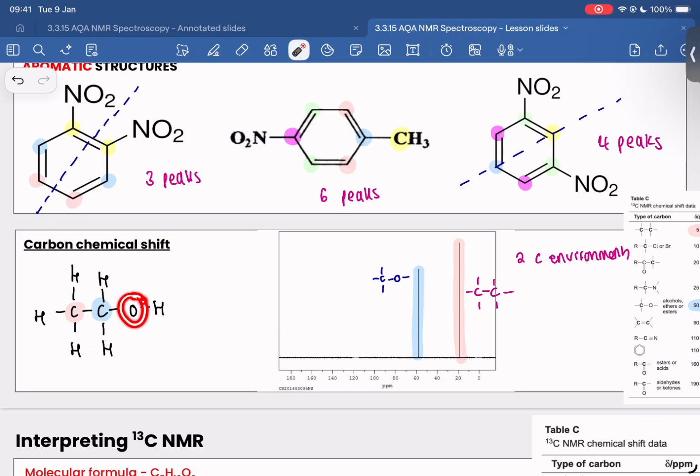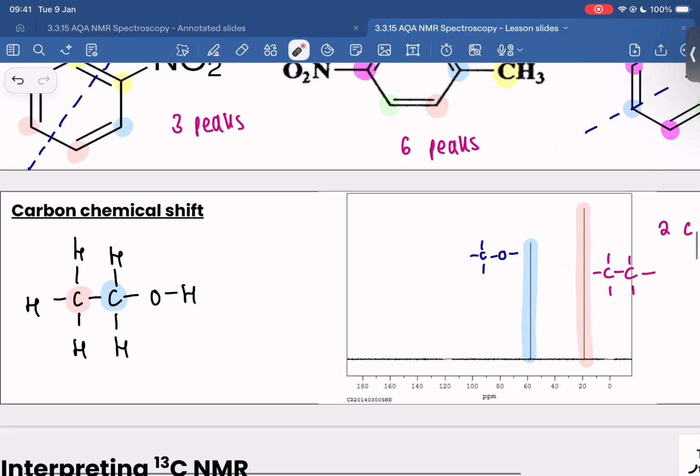So this oxygen atom that's attached to the carbon means that the electrons surrounding this carbon, imagine there's a lot of electrons here, are actually attracted towards the oxygen, because oxygen is more electronegative. Because of that, this carbon is attached to fewer electrons than this carbon atom, because this isn't attached to an electronegative atom, or is attached further away from oxygen.